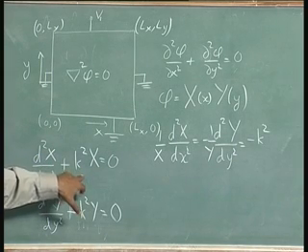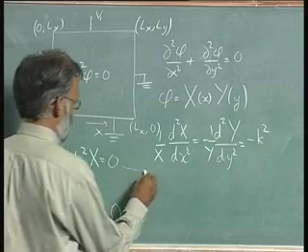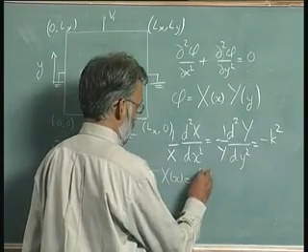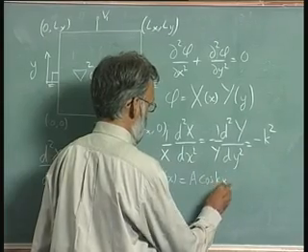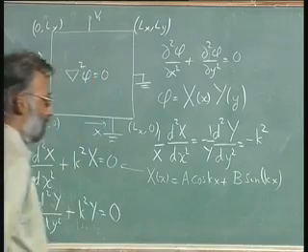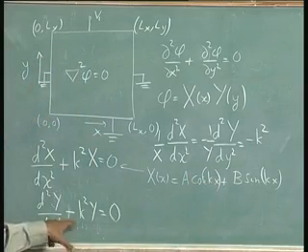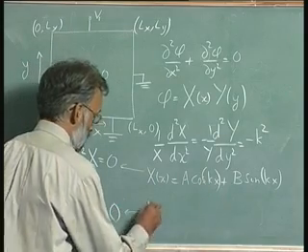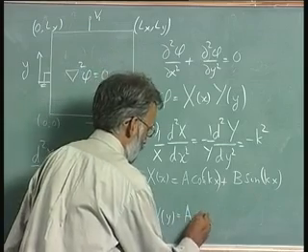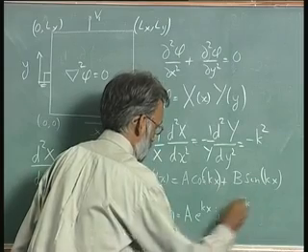The solution of this equation is the pendulum equation, so we know the answers. Capital X of x is equal to a cos kx plus b sin kx. This is the unstable pendulum equation, so I again know the solution. Y of y equals a e to the power of ky plus b e to the power of minus ky.